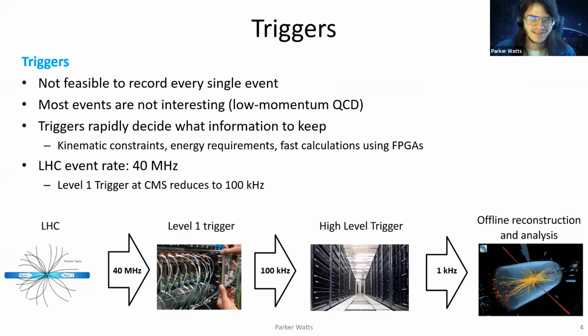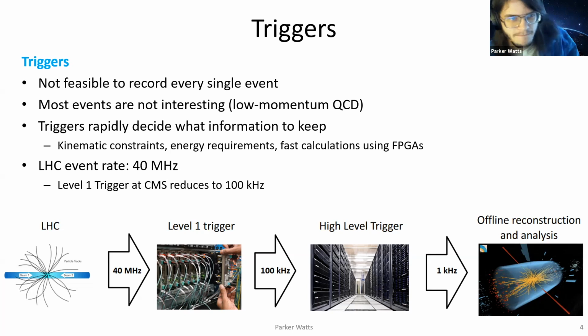Then I'm just going to briefly explain triggers because that's important here. It's not feasible to record every event that happens. There's 40 megahertz, and most of these events aren't interesting because they're low momentum QCD. So triggers rapidly decide what information to keep using algorithms like kinematic constraints and energy requirements.